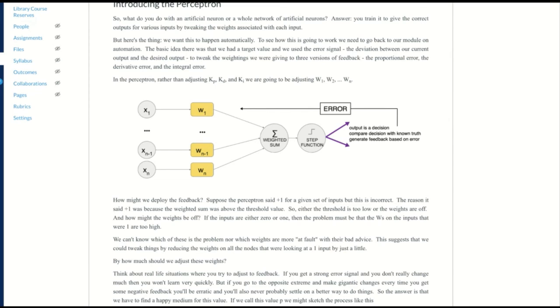Right, so the x1 through xn are any number of inputs, and we're going to show you a bunch of inputs as a kind of training set, and we know what the answer is on each of them. And so we're going to show you the input, and then we're going to see what you say as a network, and then based on the error, we're going to adjust some weights. And then we'll show you another input, and we'll see whether you get it right or wrong.